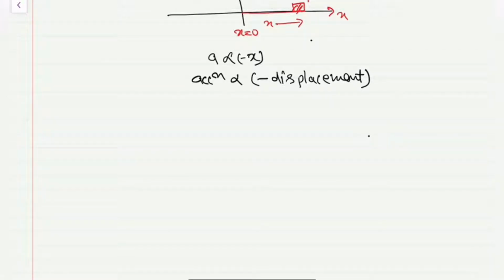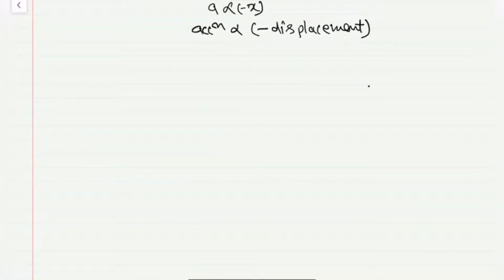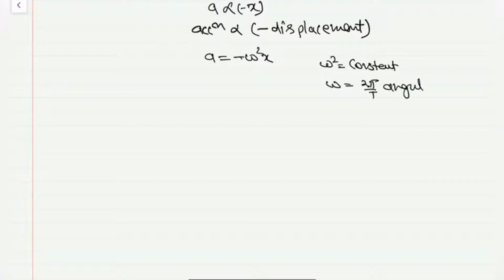In acceleration, if we remove the proportionality constant, we will have a constant which is called omega square, and omega is equal to 2 pi by T, which is called angular frequency. So this is the equation of SHM. It can also be converted into a differential equation.